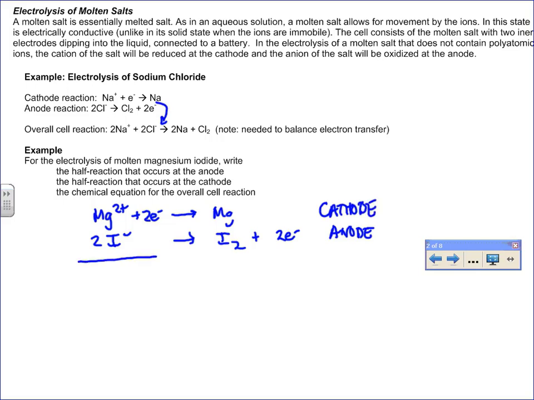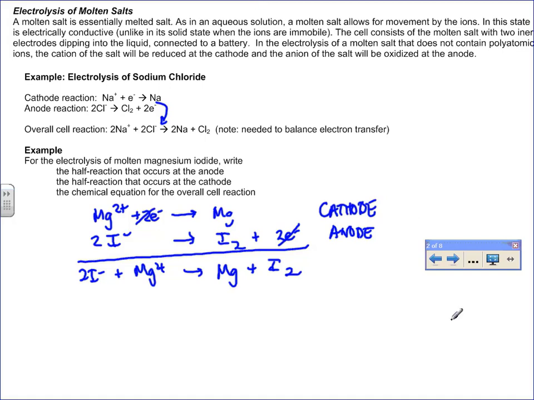In the overall cell reaction, we didn't need to do anything in terms of balancing because the number of electrons transferred is equal. So we've got the overall reaction of 2 iodide ions plus magnesium ions going to magnesium and iodine.